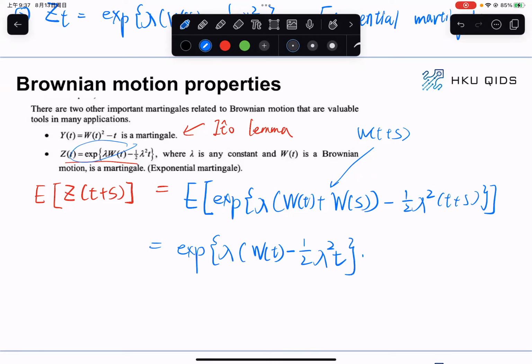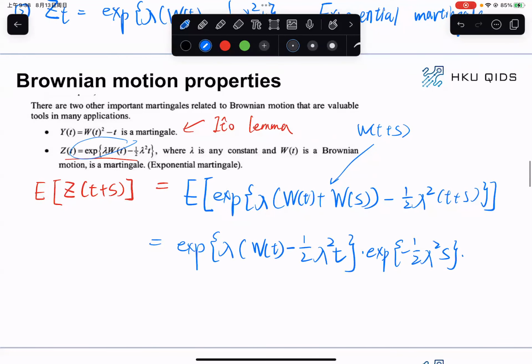And this part here has no expectation. And also the exponential of negative 1/2 lambda squared S, with the expectation of exponential lambda W_S.